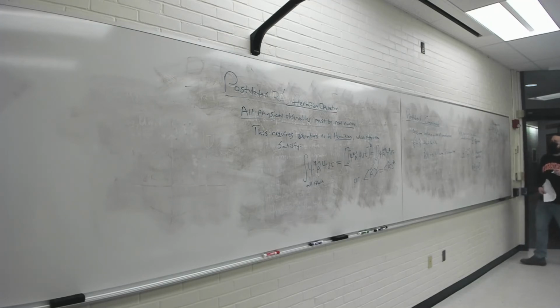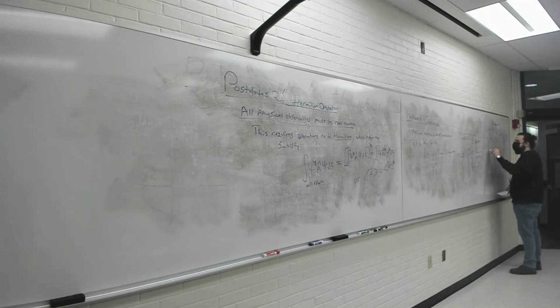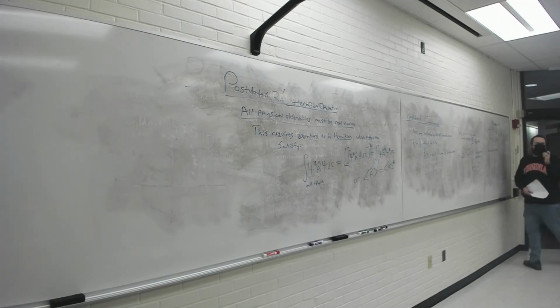Now, maybe we want to do it for helium. What about helium? Well, helium turns out to be a much harder thing to calculate. As we'll see, you can exactly calculate all the wave functions and all the energies of hydrogen atoms. It's exactly solvable. But helium you can't. So that's a problem.